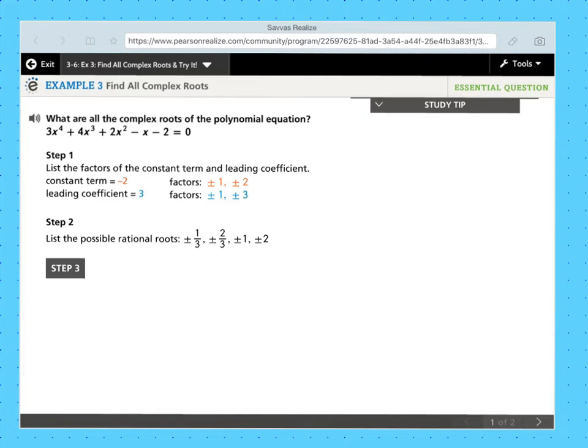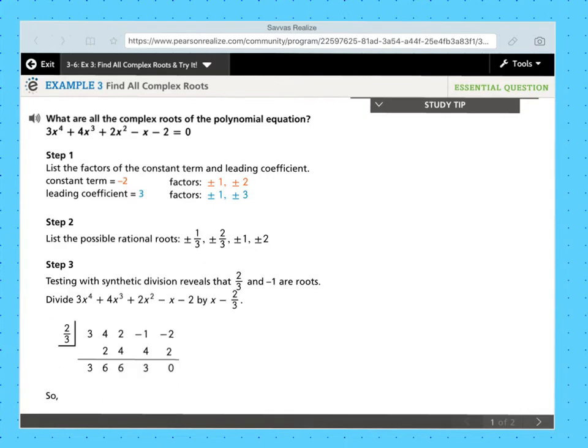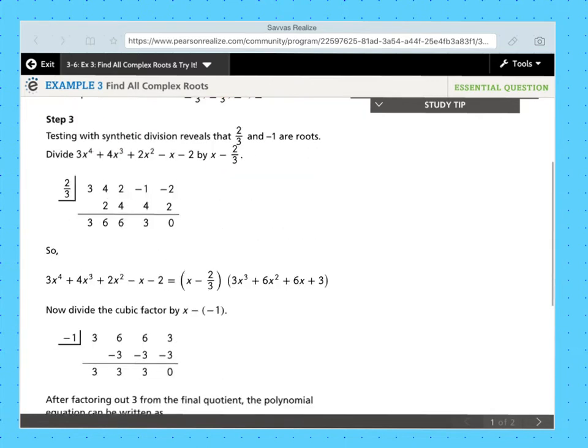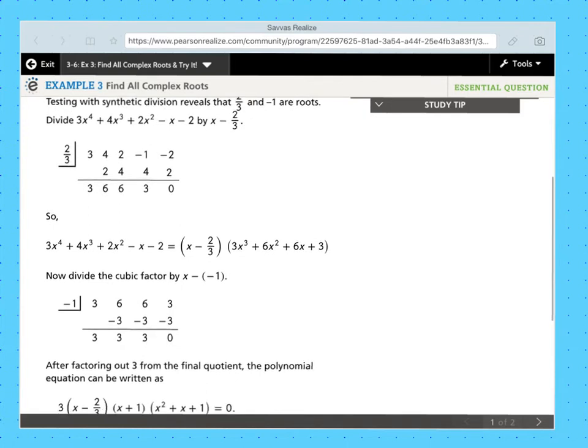You can use your calculator at this point, but it looks like 2 over 3 and negative 1 may be the roots. So you have to test it out, right? Making sure that 2 over 3 is indeed the root, and so is negative 1. So if you look at this step here, you will see that both of them are factors.